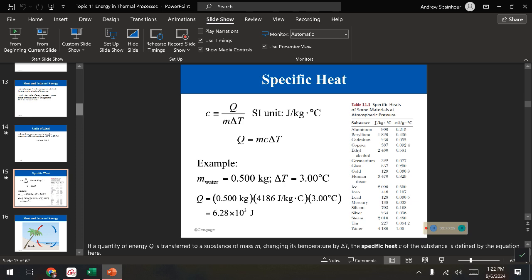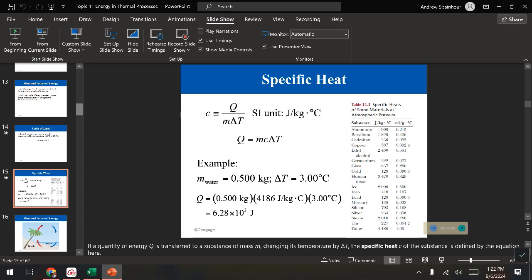Heat from outside transfers in. Metal has a lower specific heat, aka it takes less energy for the same amount of mass to change the exact same amount of temperature. So this is its definition, and this is how you're usually going to see it.